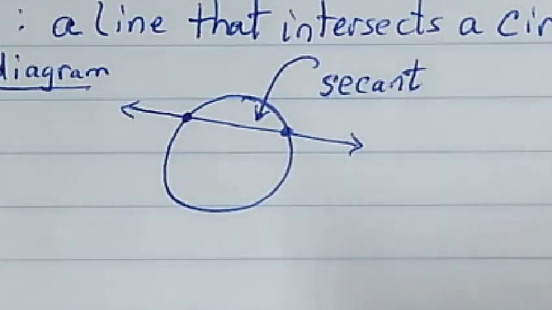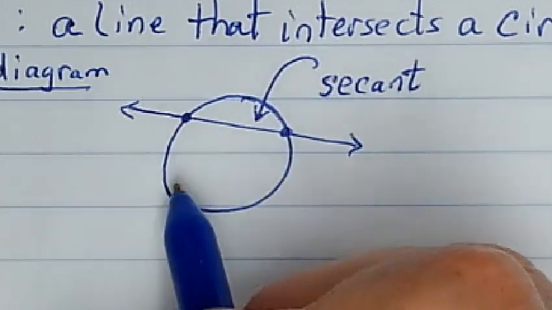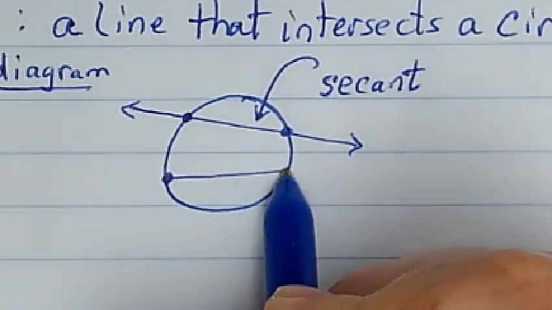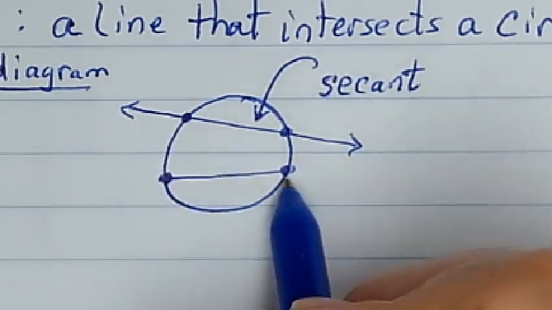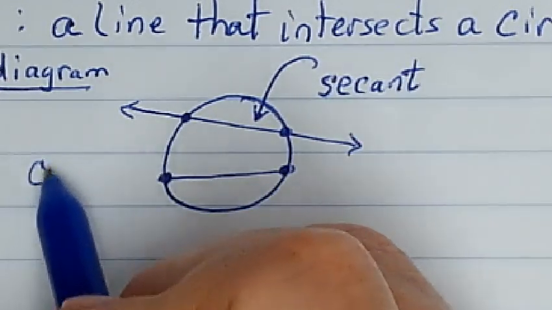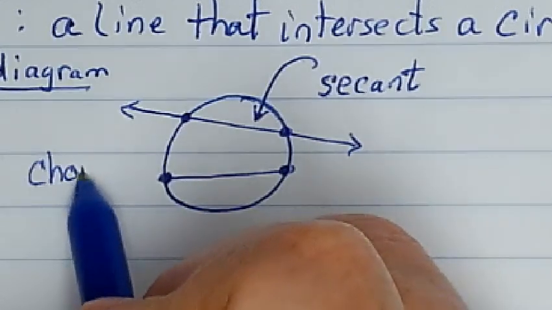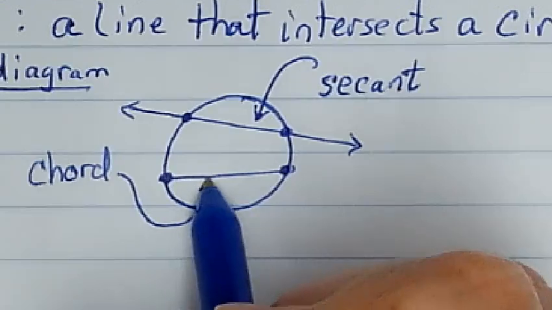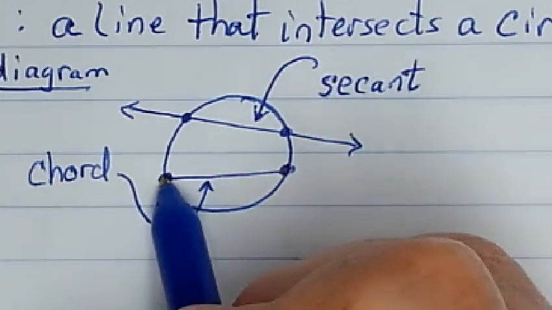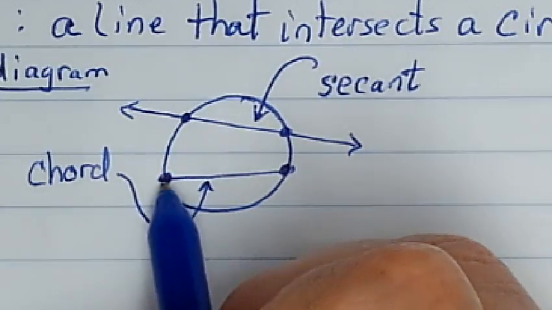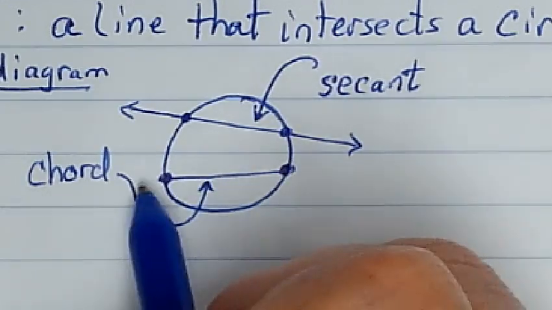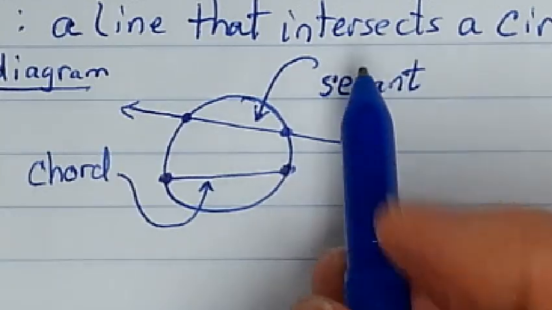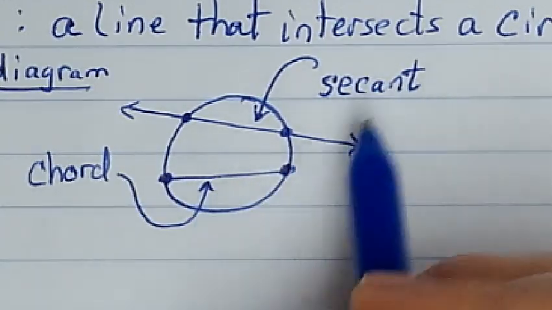Now, the other day, we learned about something called a chord. And I'm just going to take the time to draw a chord. Notice that a chord also intersects the circle twice, but the chord does not extend beyond the circle. As a matter of fact, a chord has both of its endpoints on the circle, and it begins on the circle and stops on the circle. It never exceeds the boundaries of the circle.